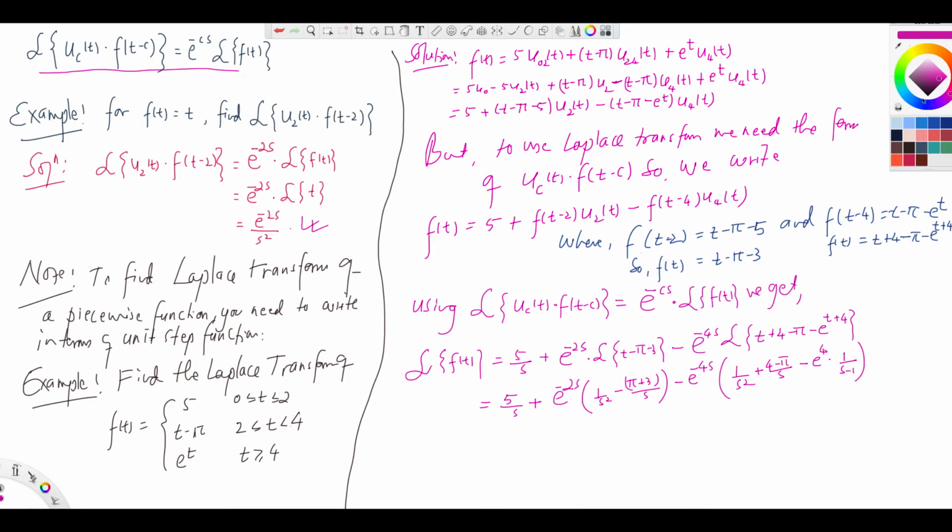But there is a very important thing there. You know that to use this formula you need c here. If c is there, you need t minus c. That's what you need, f(t minus c), right?